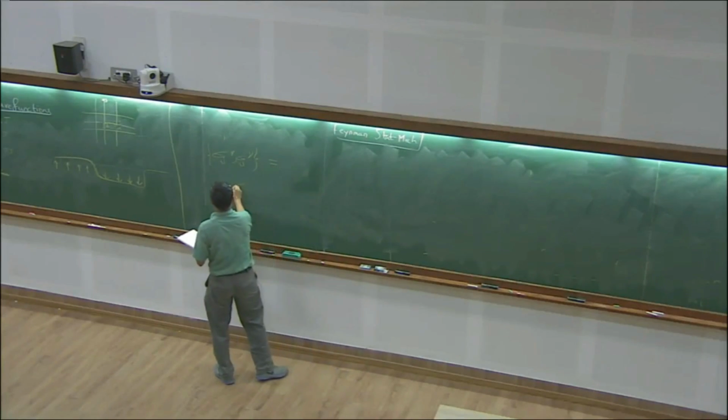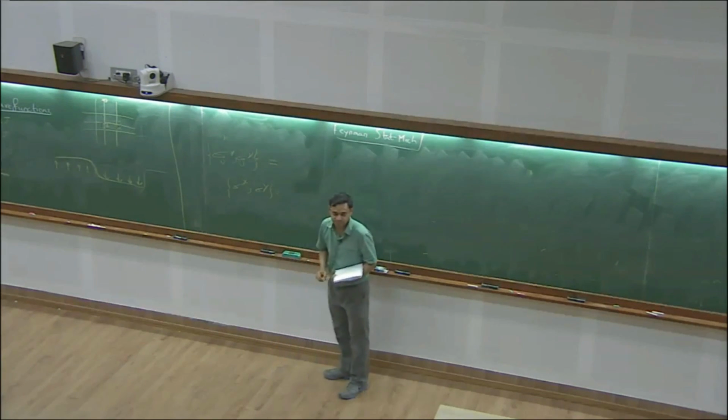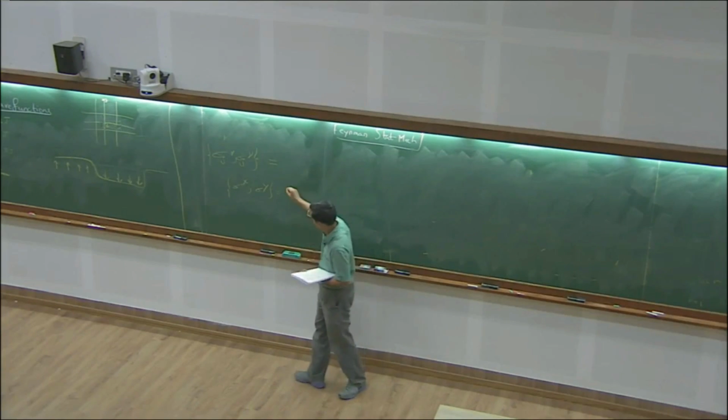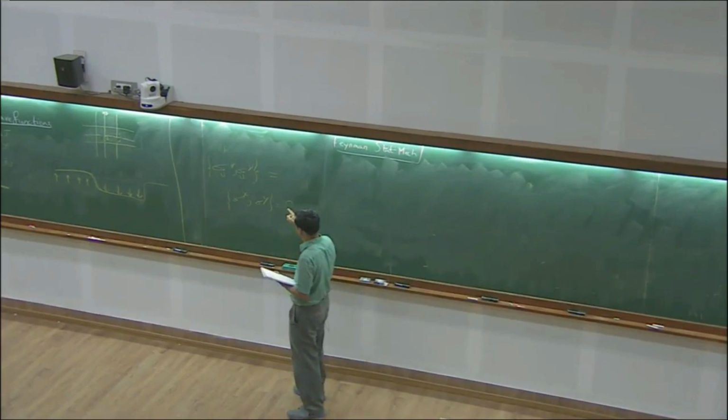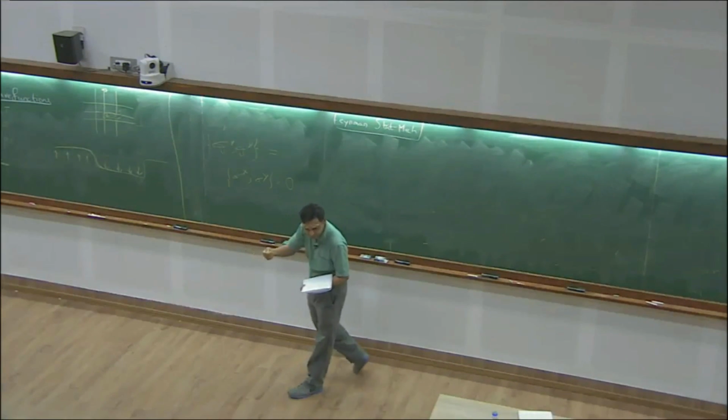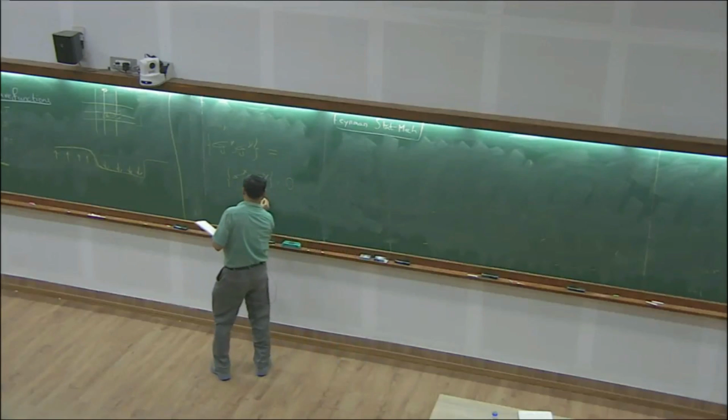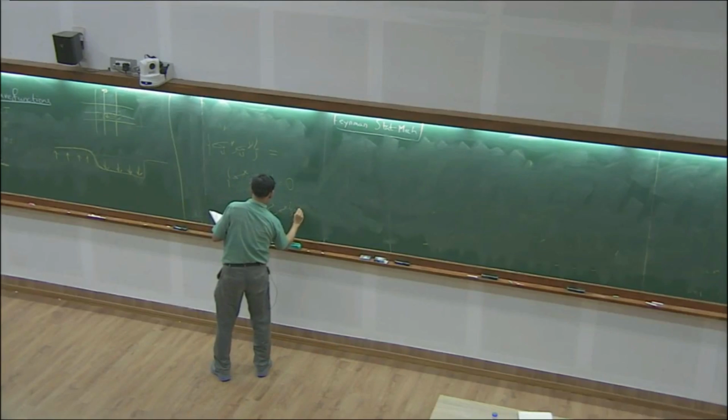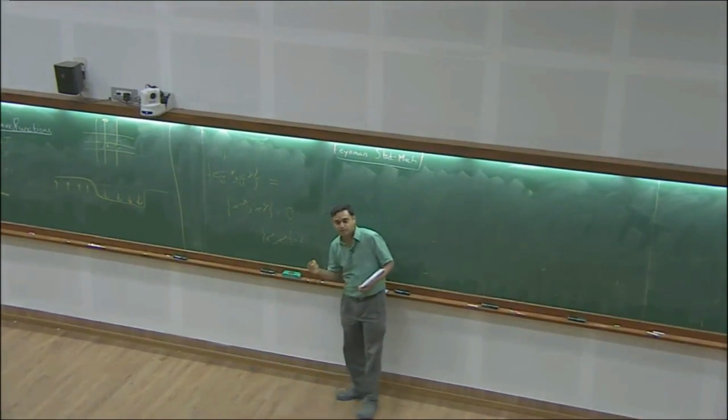So take sigma x, sigma y. Right? Why? Because sigma x sigma y is i sigma z, but sigma y sigma x is minus i sigma z. Okay? But of course, the anti-commutator of sigma x with itself is 2, because each Pauli matrix squares to 1.